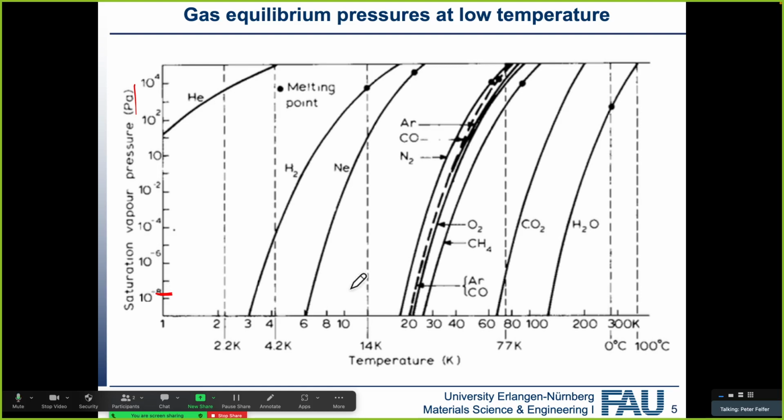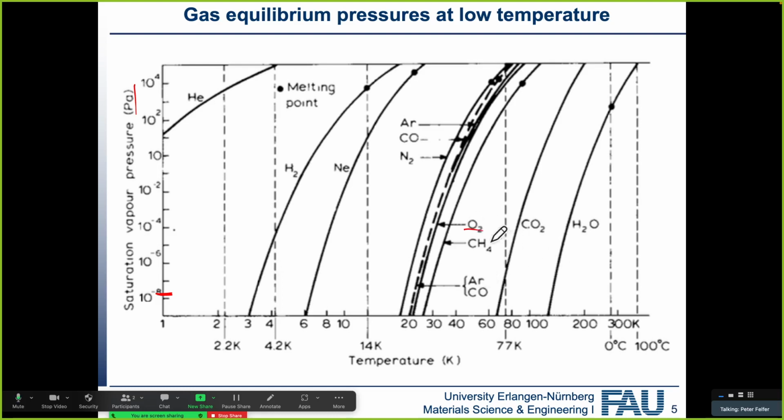And you can already see that things like helium, hydrogen, neon, and so on all have equilibrium pressures that are so high at these temperatures that they will just immediately desorb anyway. So if you pump down and have some residual helium, no residual helium will adhere to your surface.